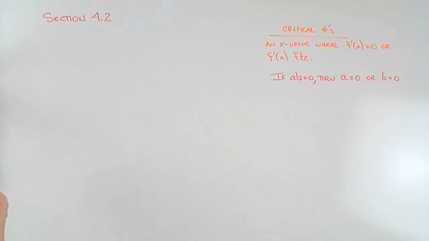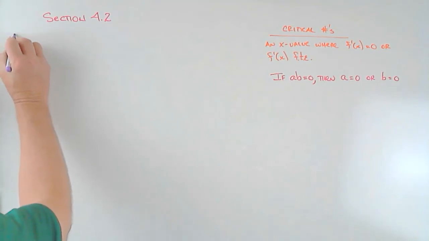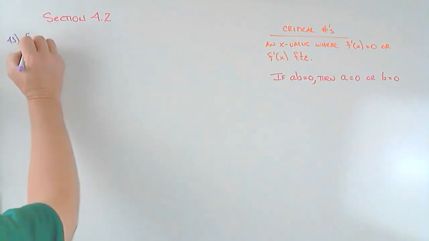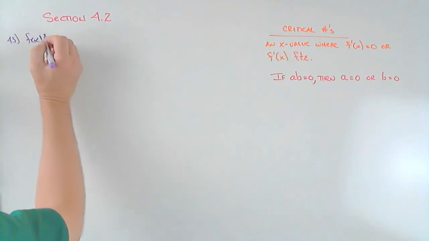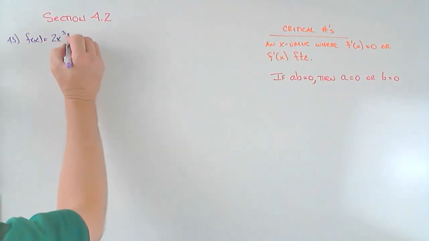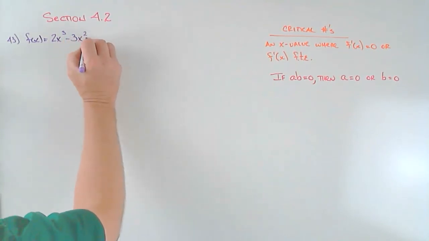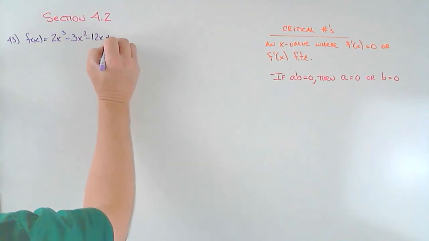It's a polynomial. And again, this is going to work similar to our critical numbers questions. They're going to start with a polynomial, and the functions get a little more interesting as we move down. So 43, they're going to give us a function, and it's going to be f of x equals 2x cubed minus 3x squared minus 12x plus 1.